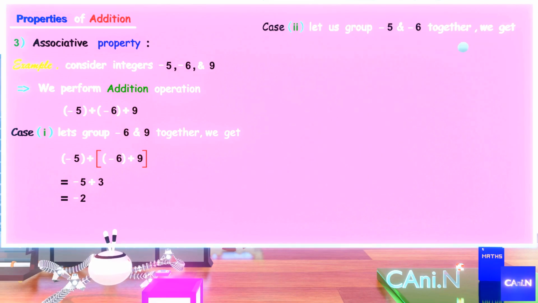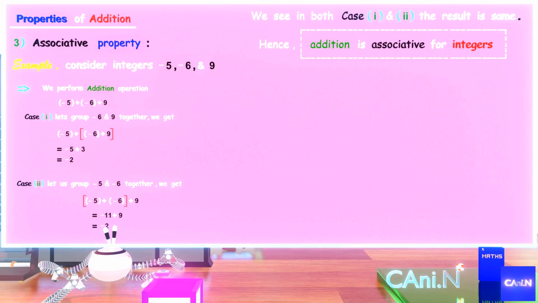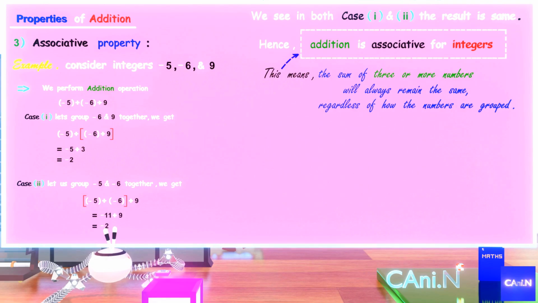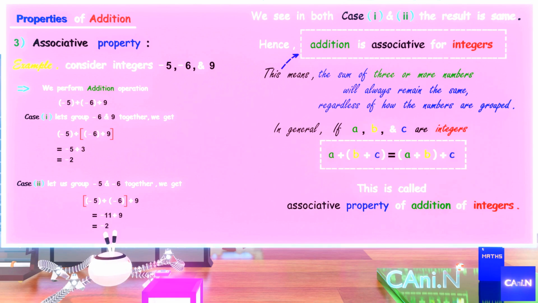Let us group -5 and -6 together, we get -11 plus 9 equals -2. We see, in both case 1 and 2, the result is same. Hence, addition is associative for integers. This means, the sum of 3 or more numbers will always remain the same, regardless of how the numbers are grouped. In general, if a, b, and c are integers, then a plus b plus c equals a plus b plus c with different grouping. This is called associative property of addition of integers.